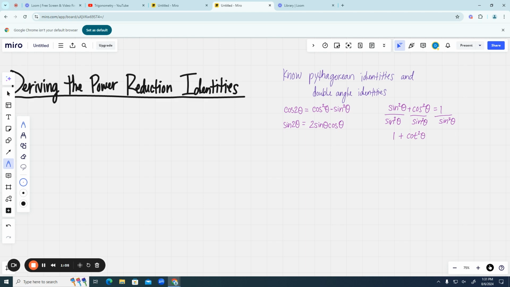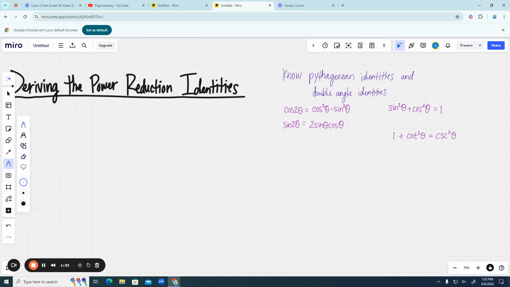And 1 over sine squared is going to be cosecant squared, because that one is a reciprocal identity, right? That's this one, if you don't remember. So that's our next one, and then we have one more that we can get from here.